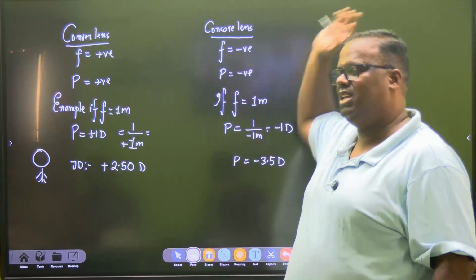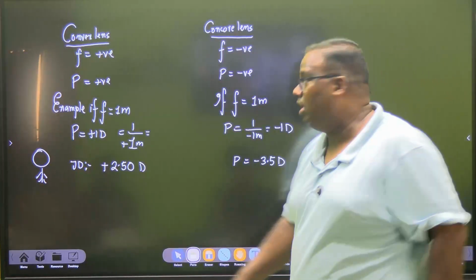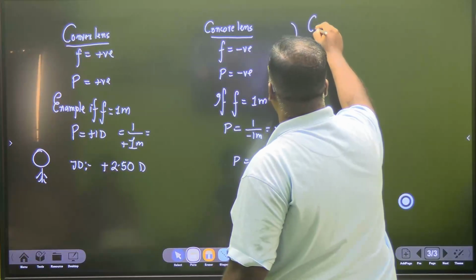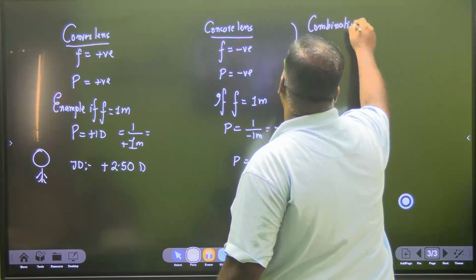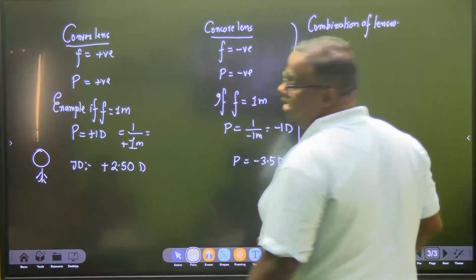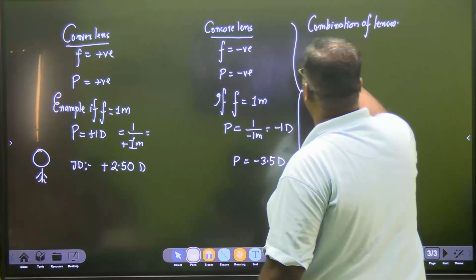And that we will study in the next chapter, just for your understanding. Then there's one more thing, though CBSE does not ask, they have asked earlier, this is in grade 12: combination of lenses. So if you combine lenses, then focal length is not seen in your case.